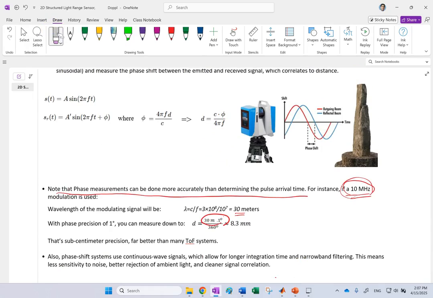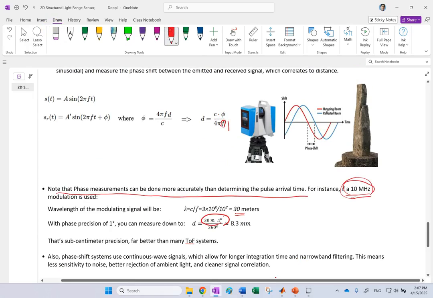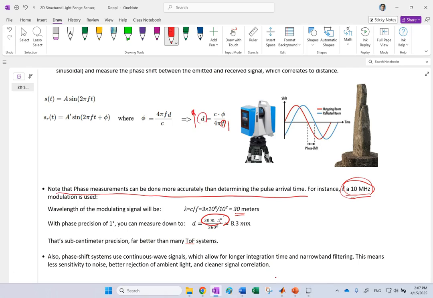If you look here, when I make this f small, then d, the sensitivity here, will jump bigger for a small change in f. Because if I take the partial of d with respect to f, you can see that it is going to be negative c phi over 4 pi divided by f squared.